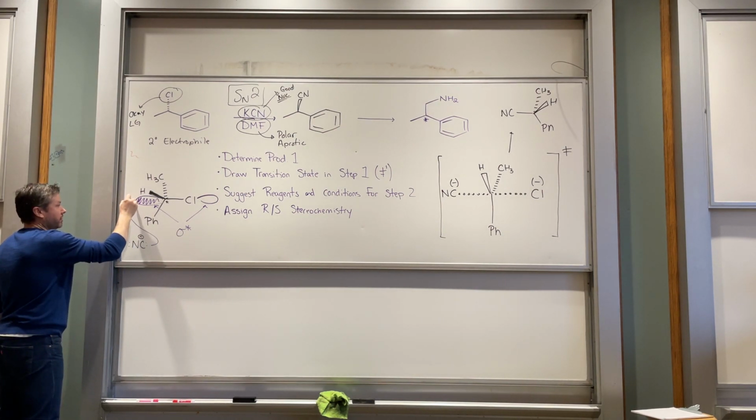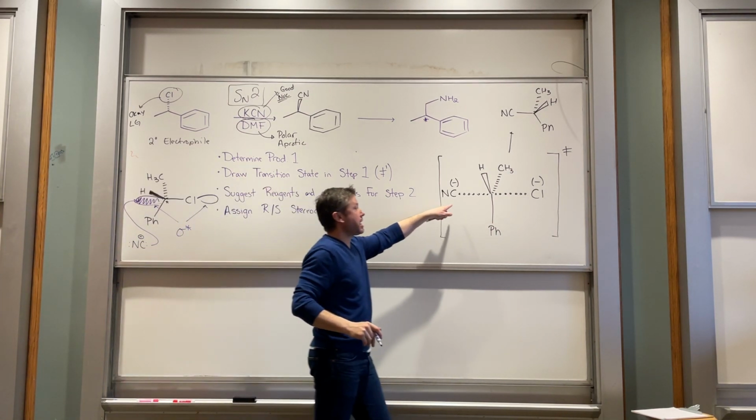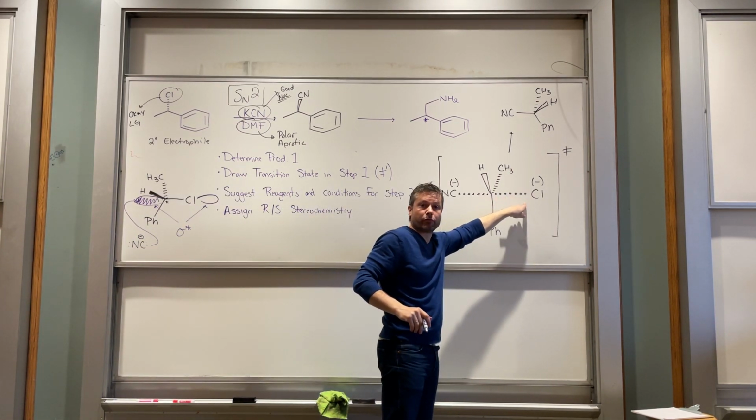The nucleophile, when it comes in, has to undergo backside attack. Okay, and so it's always going to be adding to the opposite side of the carbon-leaving group bond, right?